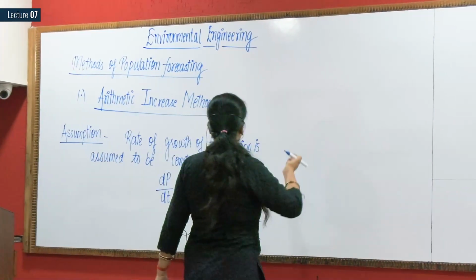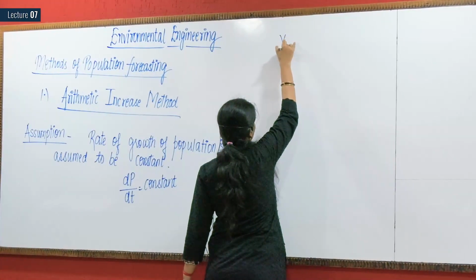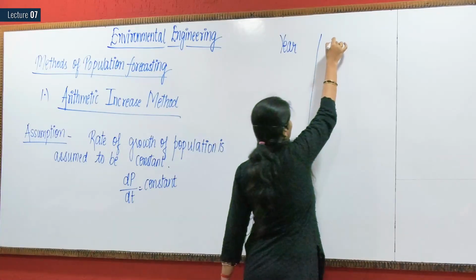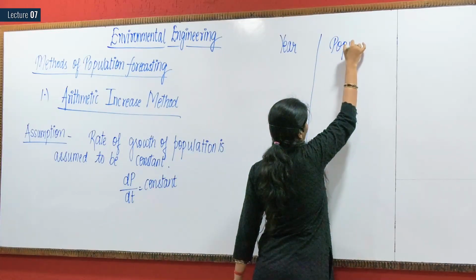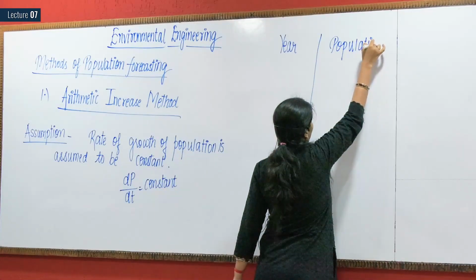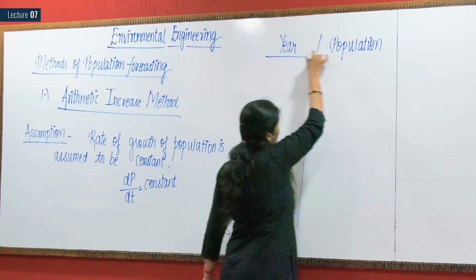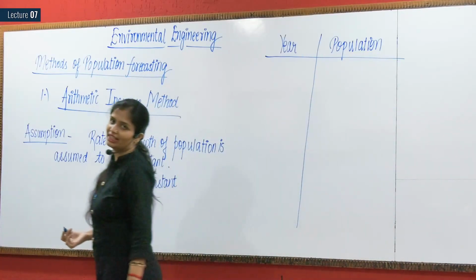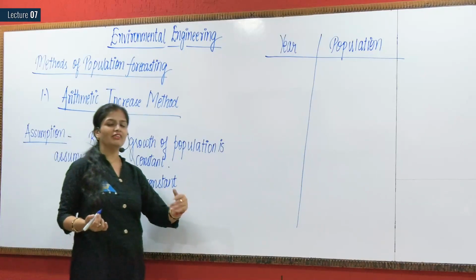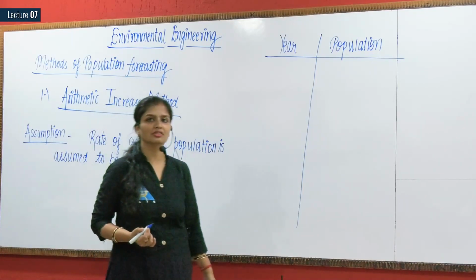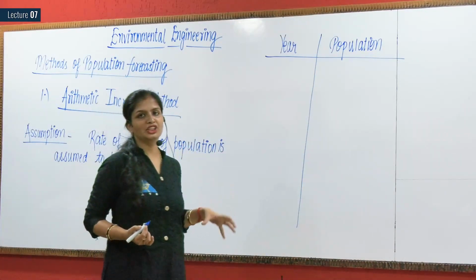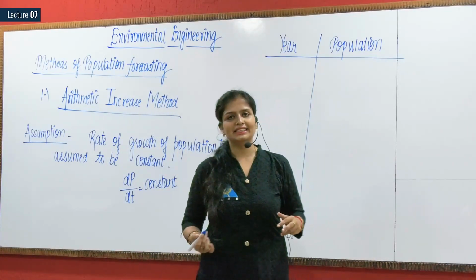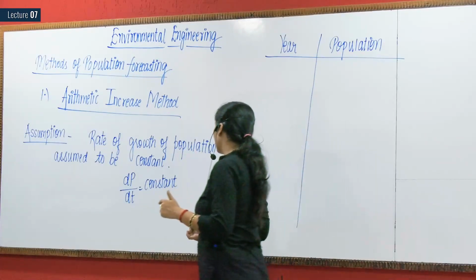Now, see, year and here it's population. One thing I'll tell you is that population data is recorded after every 10 years, which is known as census. That is, after every 10 years, the Government of India conducts a survey regarding what the population is.